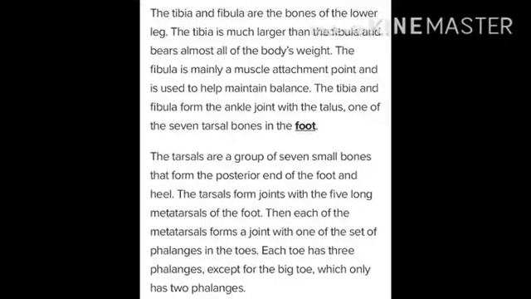The tarsals form joints with the 5 long metatarsals of the foot. Then each of the metatarsals forms a joint with one of the sets of phalanges in the toes. Each toe has 3 phalanges except for the big toe, which only has 2 phalanges.